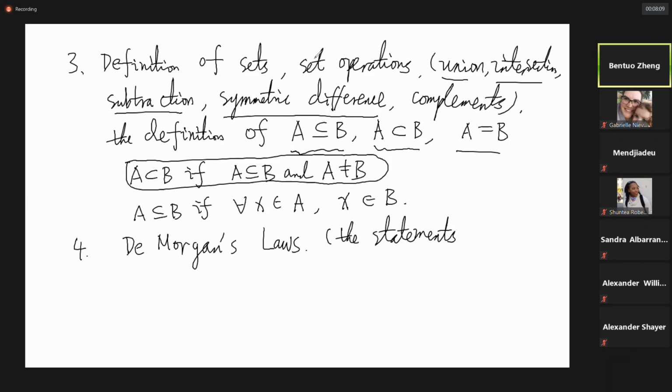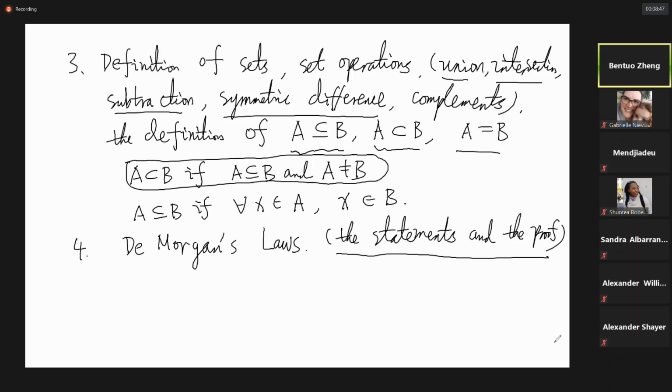So the statements and the proof. Because this one, I've already stated in class, and the proofs are also given in class. So you should read your notes carefully, okay? Both the statements and the proof. Okay.